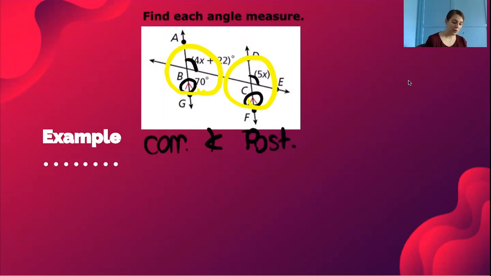So that means I can go ahead and jump and say that 4x plus 22 equals 5x. I'm going to go ahead and solve for x.